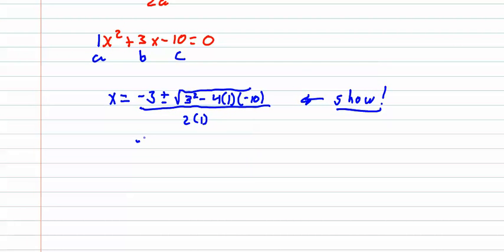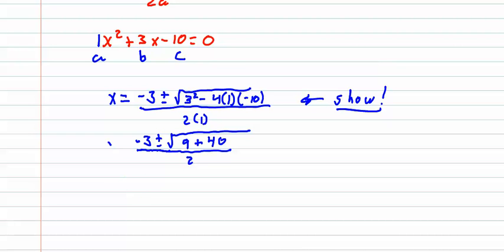We get negative 3 plus or minus the square root of 9, and a minus multiplied together is plus 40. Multiply that all together, we get 40, over 2 times 1 is 2. This fraction has to extend all the way. If you don't, it's wrong.